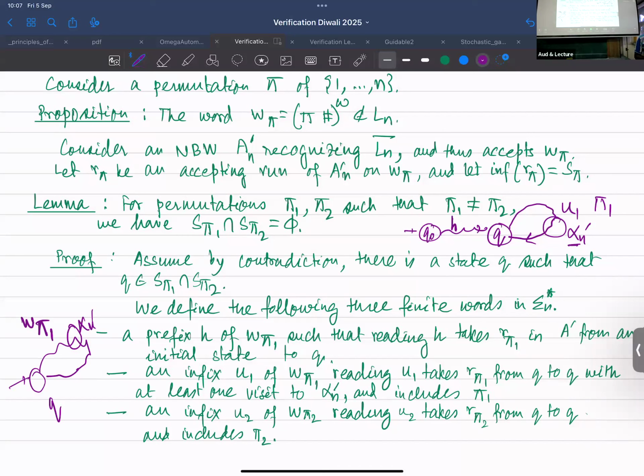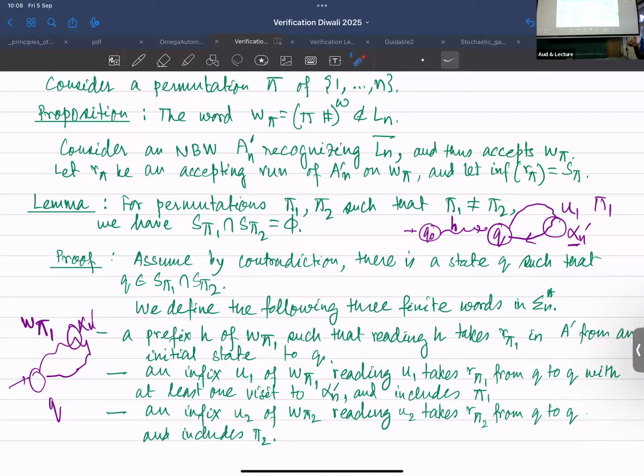I call such a word U1, so such a word U1 should exist. Now I also consider another infix U2 of W pi 2, such that reading U2 takes the run of the corresponding pi 2 sharp omega from Q to Q and includes pi 2.